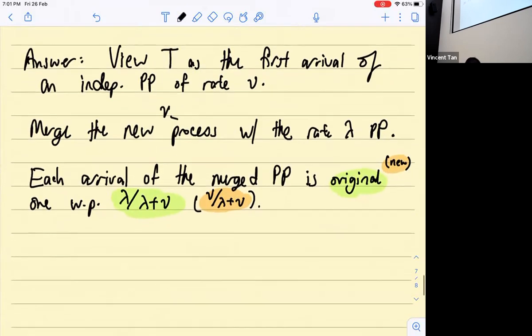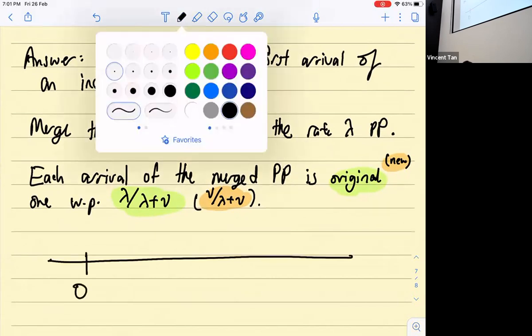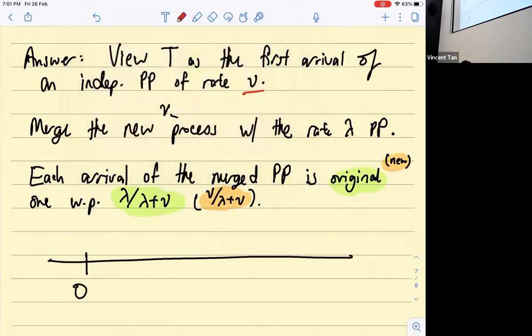Okay, so the idea is as follows. We have time 0, and we have the rate nu process. The new one is in red, this particular arrival here. So this is the rate nu Poisson process. And what is the meaning of N_t?